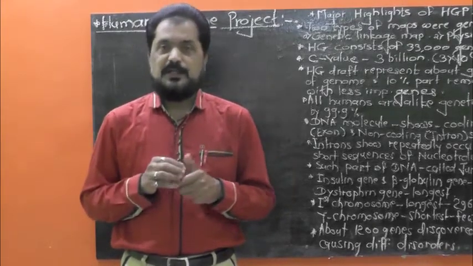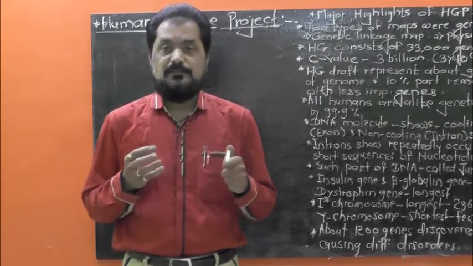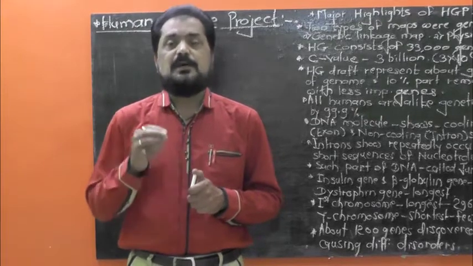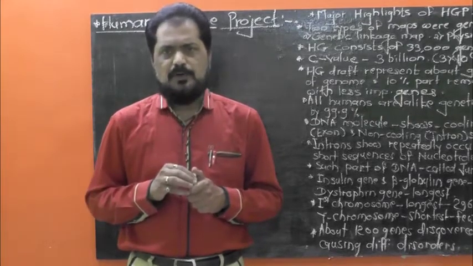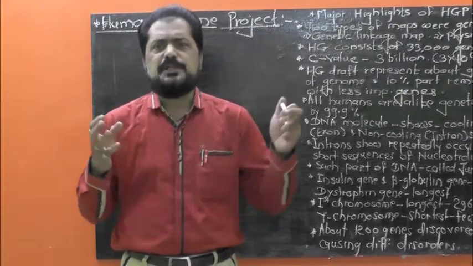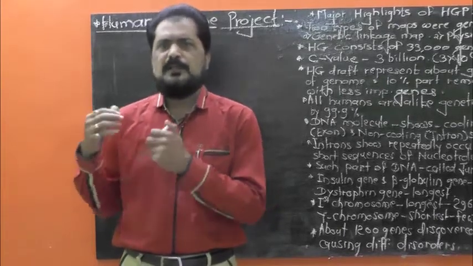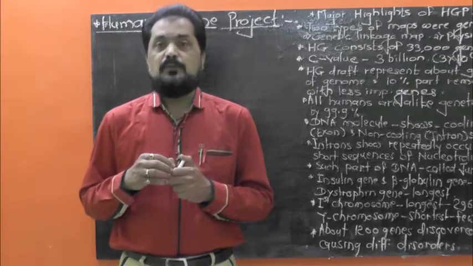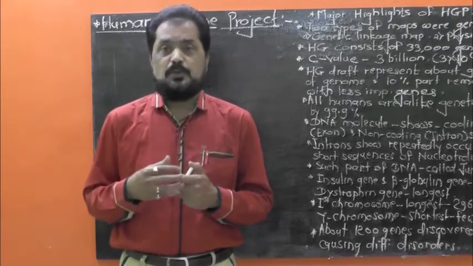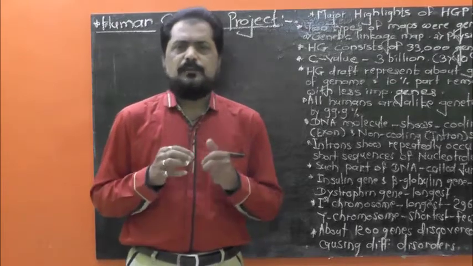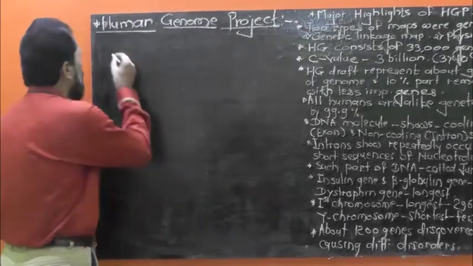Of course, the credit goes to the hard efforts taken by the molecular biologists as well as the computing system, because whatever huge data was obtained by the scientists while performing this work was analyzed and properly stored with the help of the computing system. Now, what were the aims of the Human Genome Project?